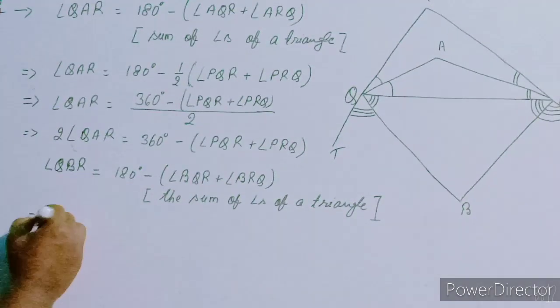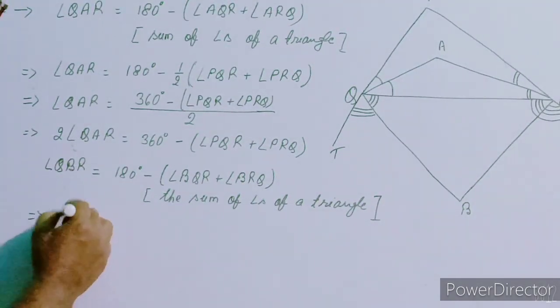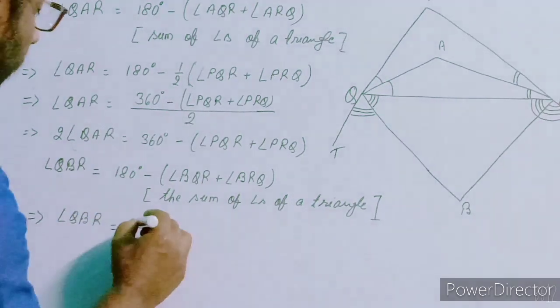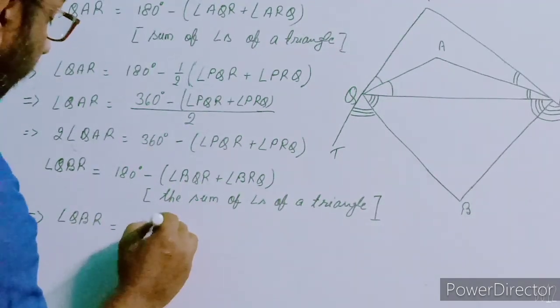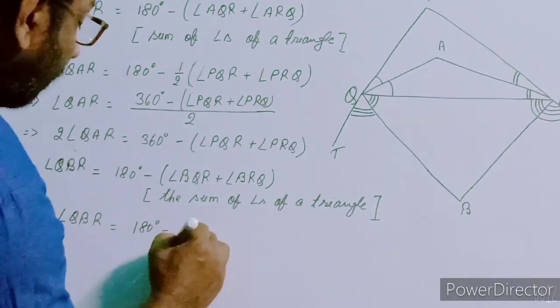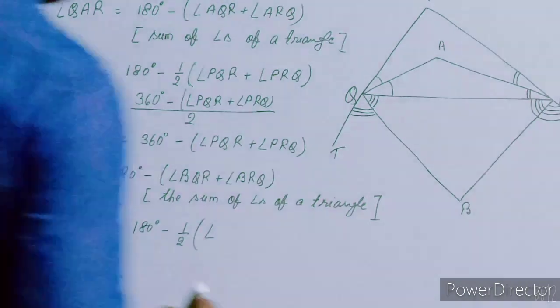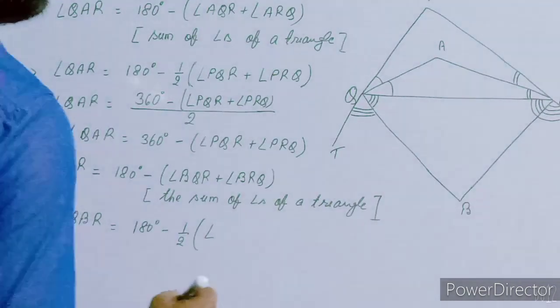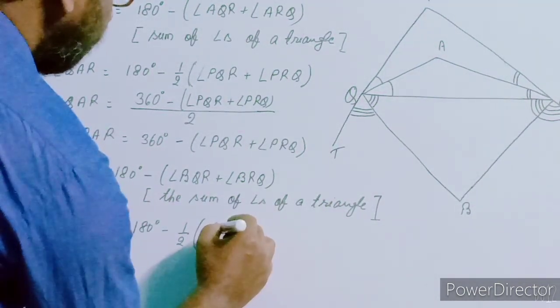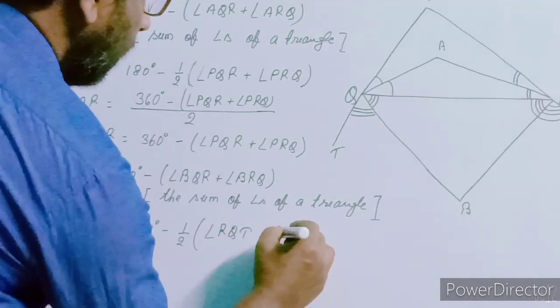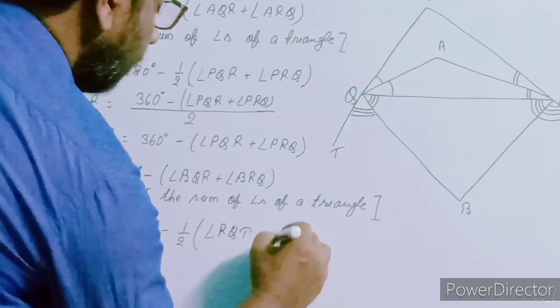Now, by the same way, we can say angle QBR equal to 180 degree minus half angle RQT plus angle QRS.